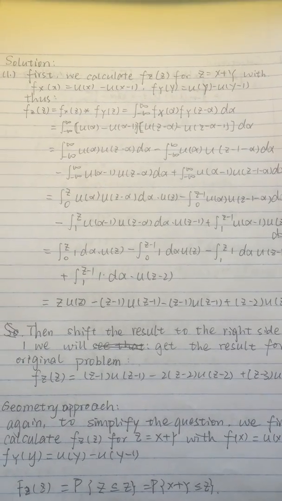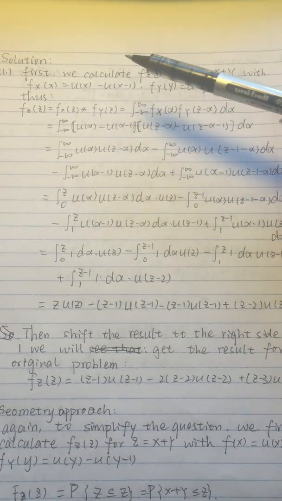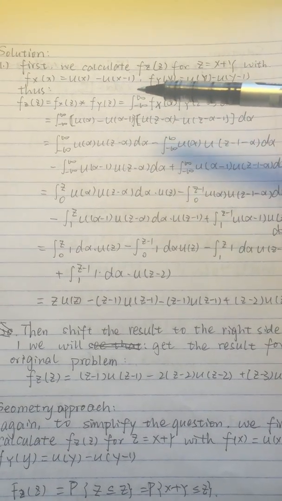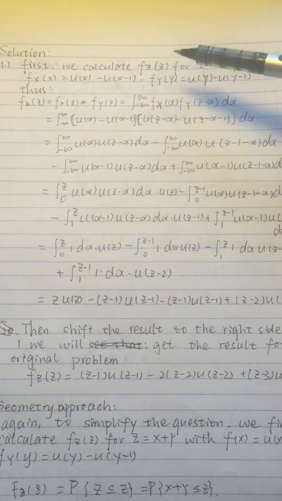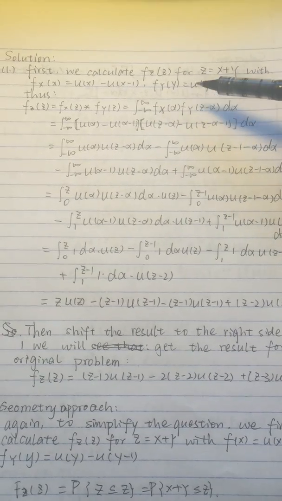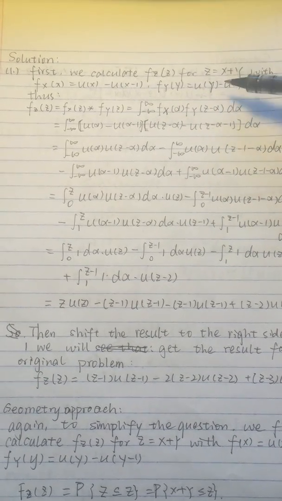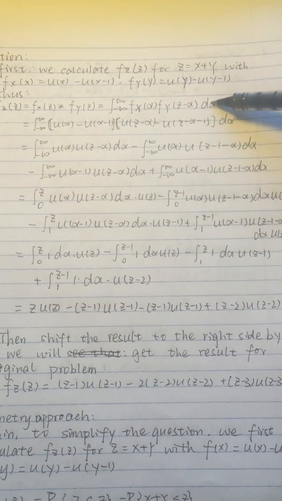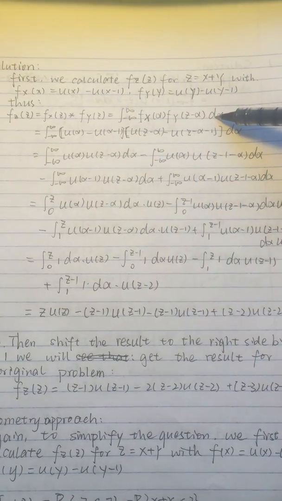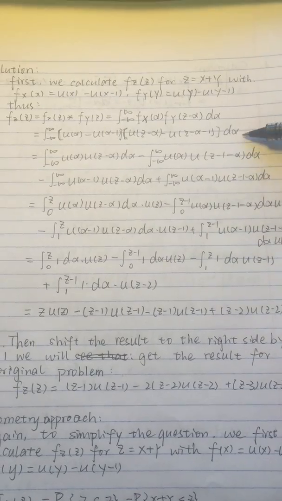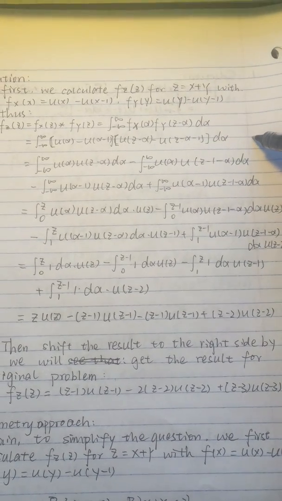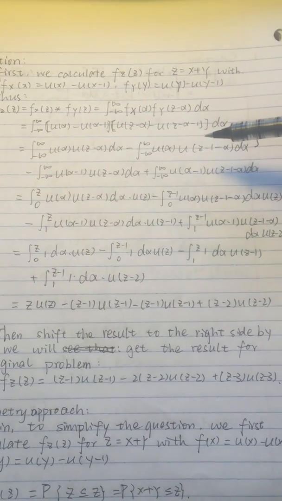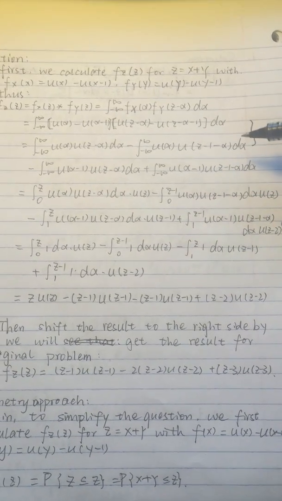Thus, the convolution of fx(z) and fy(z) equals the integral from minus infinity to infinity of fx(alpha) times fy(z minus alpha) d alpha. Expanding this formula, we get the new formula, and then we continue to simplify it.